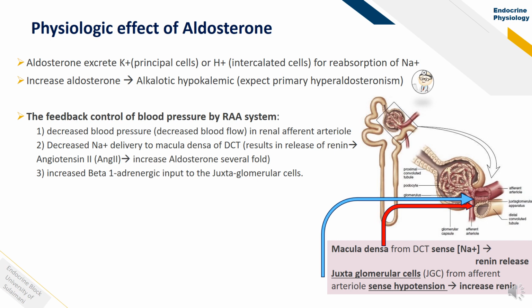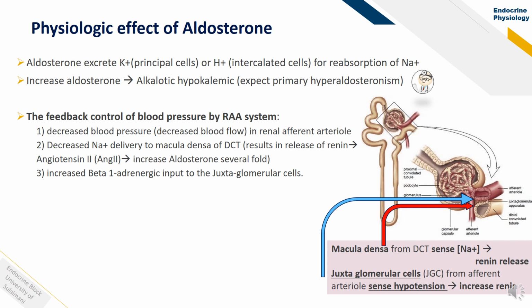That's why if you see a patient who is alkalotic and hypokalemic, you should expect primary hyperaldosteronism. Why? Alkalosis means a lot of H is lost, and hypokalemia means a lot of potassium is lost. With high aldosterone, more sodium is retained and reabsorbed, and more potassium and H are lost than normal.